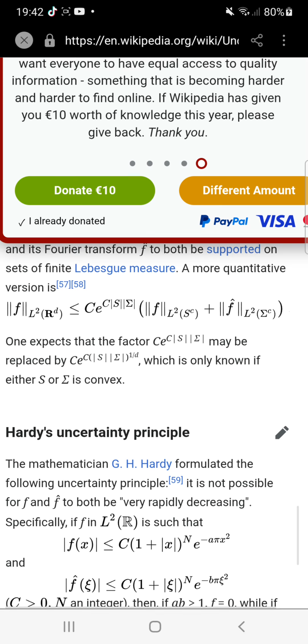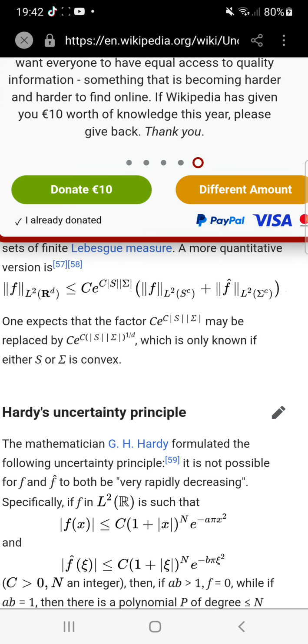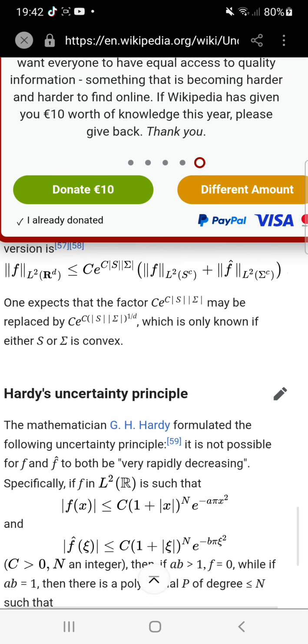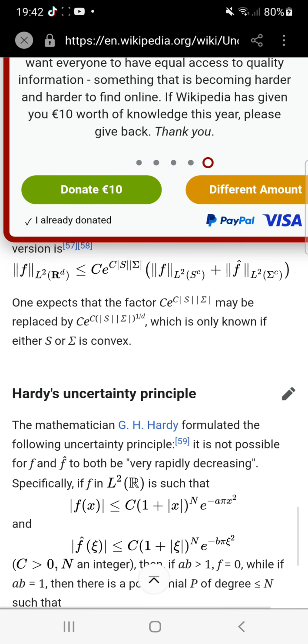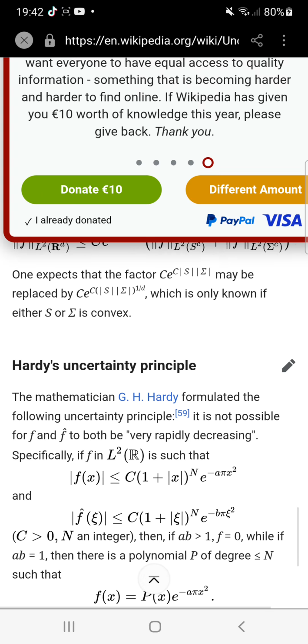A more quantitative version is that the L squared norm of f is smaller or equal to C e to the power of C times the measure of S times the measure of sigma, times the L squared norm of f on the complement of S plus the L squared norm of f hat on the complement of sigma. One expects that the factor C e to the power of C times the measure of S times the measure of sigma may be replaced by C e to the power of C times the measure of S times the measure of sigma to the power of 1 divided by d, which is only known if either S or sigma are convex.